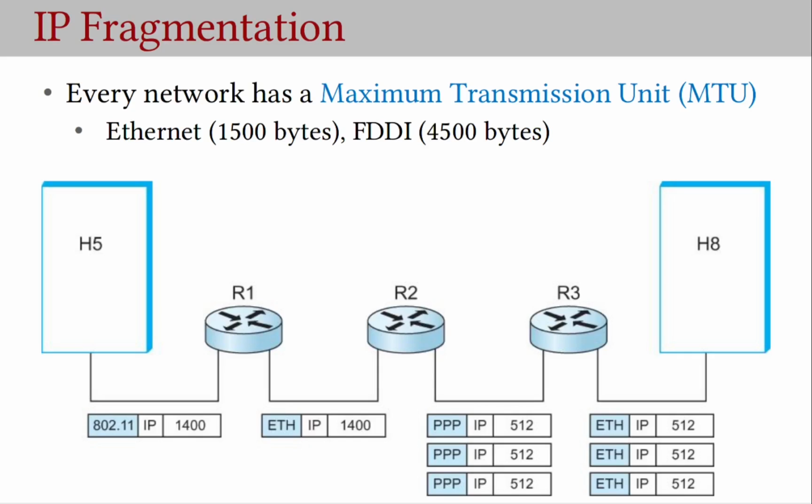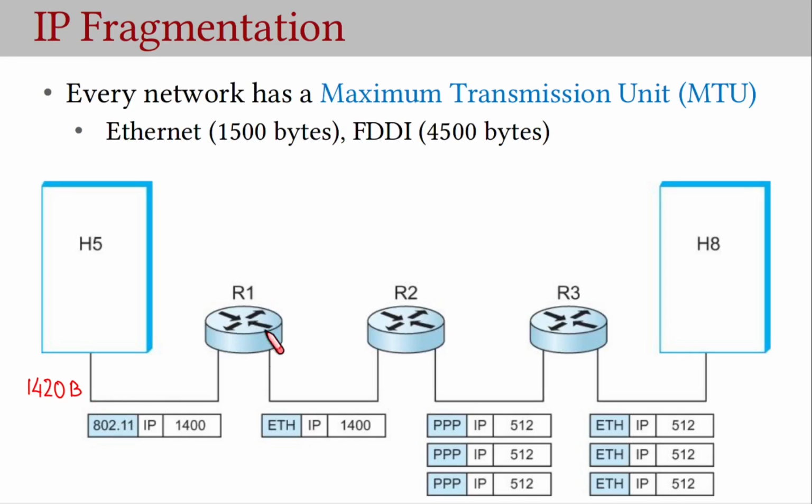So here suppose H1 sends a datagram to H8 of size 1420 bytes. So 1400 bytes data and 20 byte IP header. And remember this was connected to router R1 using 802.11, so there is an 802.11 header.